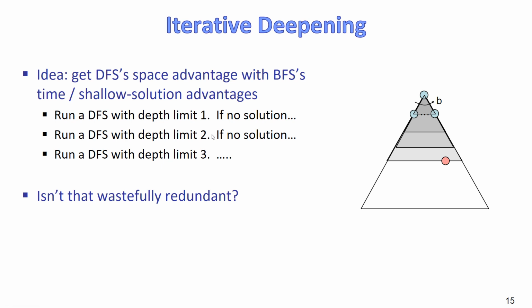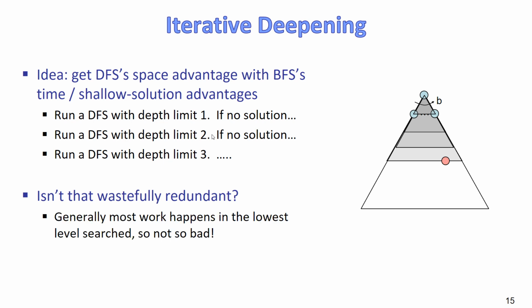Okay, but the question is whether this is really bad or not in terms of time. I think the point here is that it's not that bad. Why is that? Because if you remember, most of the work will be at the lowest level, or the deepest level. Remember, the number of nodes in the deepest level dominates the number of nodes in the entire tree.